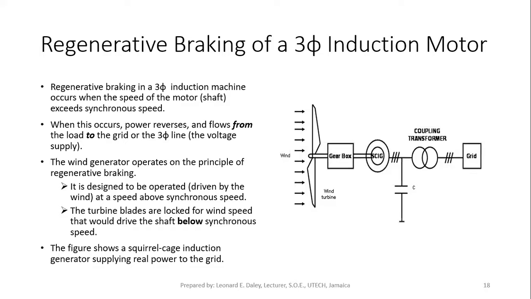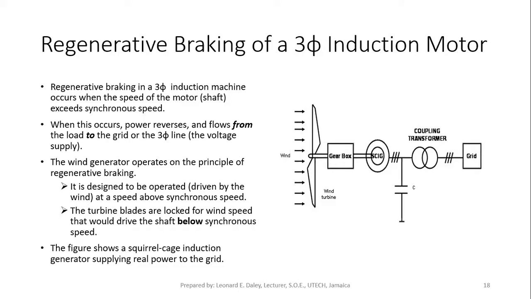Now, when the machine is acting above that speed, the shaft torque and also the motor torque reverses. And because you have that reversal in the torque, you also now have a reversal in the power flow.